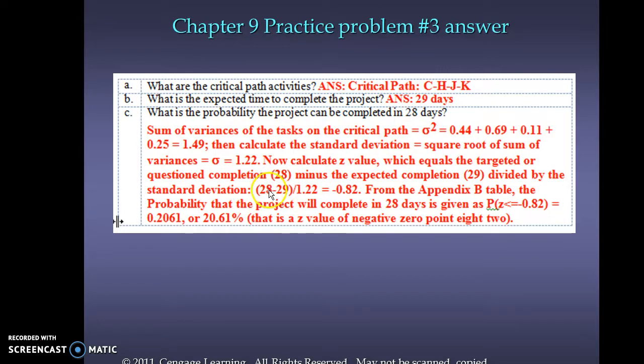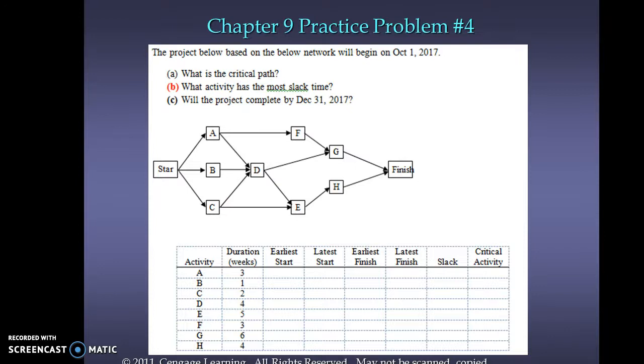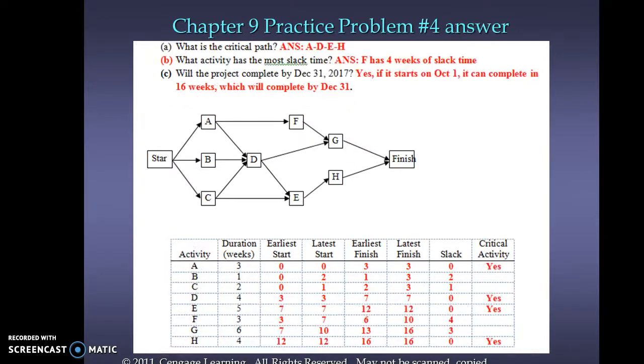So in this case, we take 28 minus 29, we get a negative value. And then we have to use the associated Appendix B table where for negative Z, negative 0.82, we get 0.2061 or 20.61%.